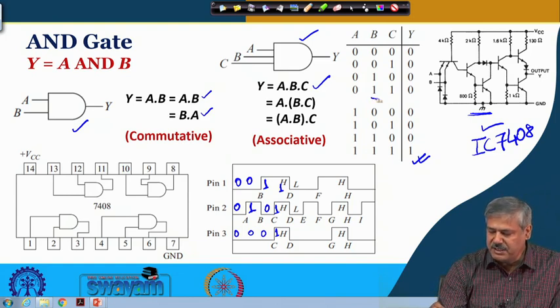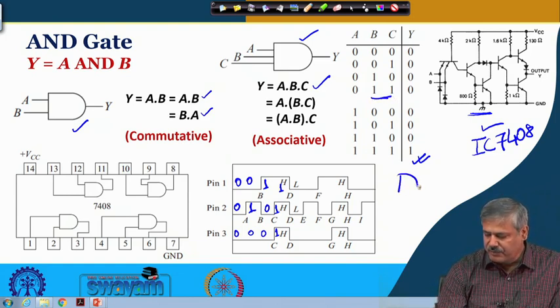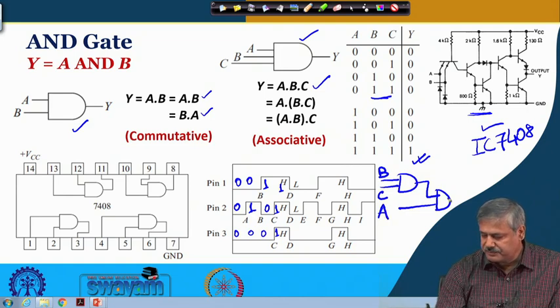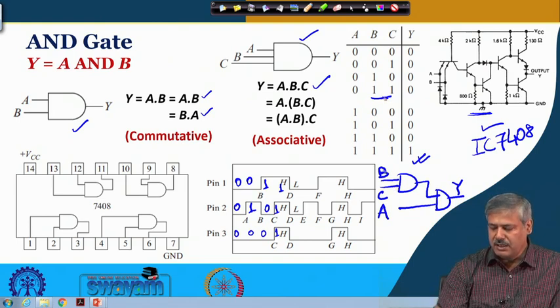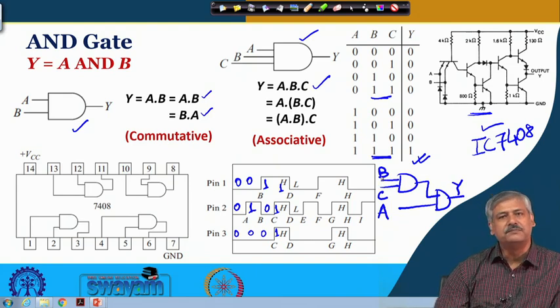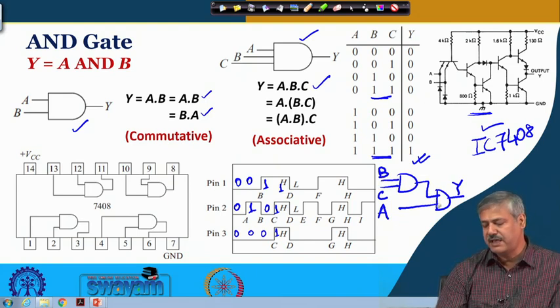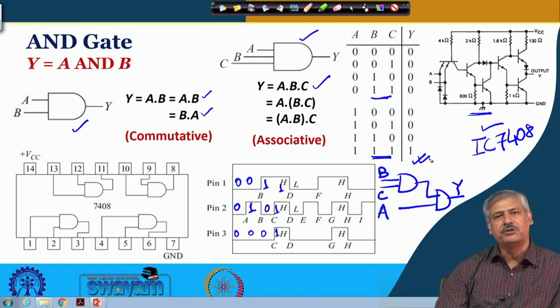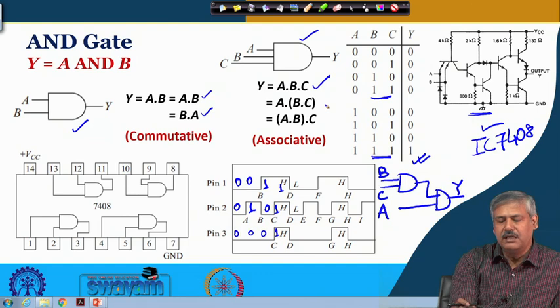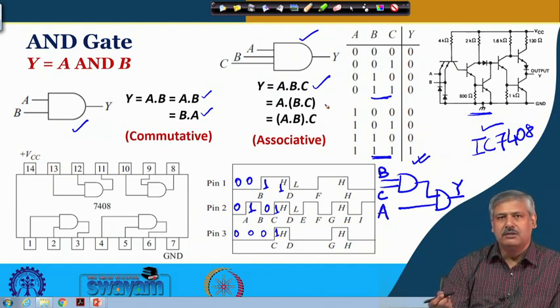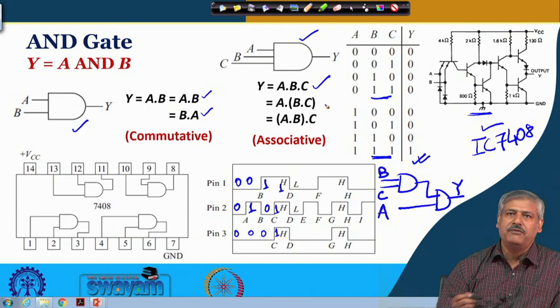So, BC is 1 here as well as here, but when A is 0, the output is 0 because it is again getting ANDed, and when A is 1, the output is 1. So, if you AND B and C together and then AND with A, the output remains the same as that of y is equal to ABC.